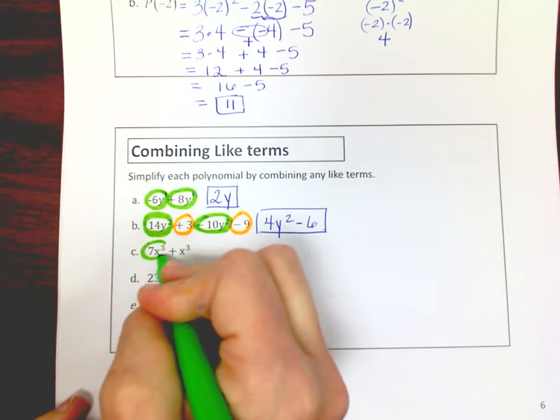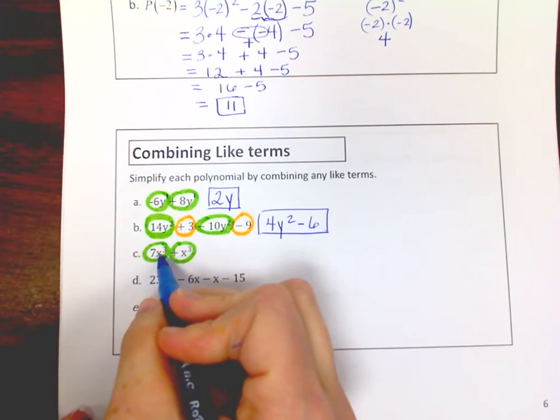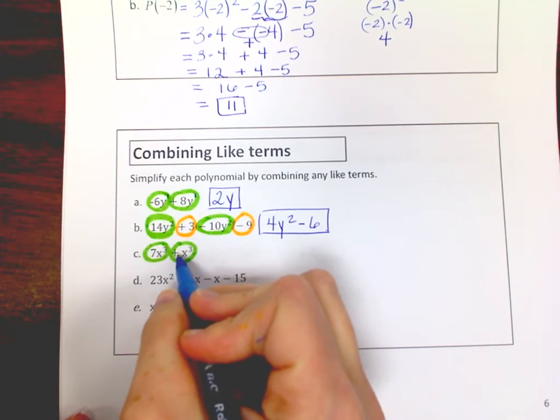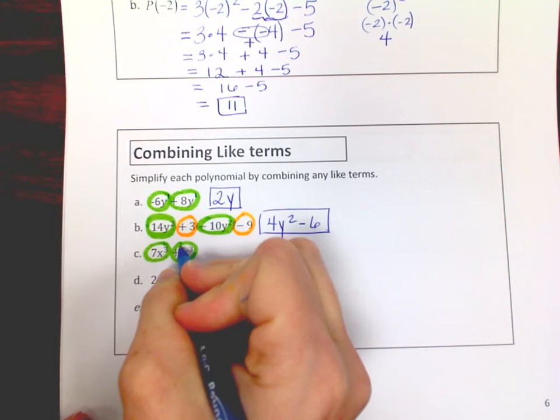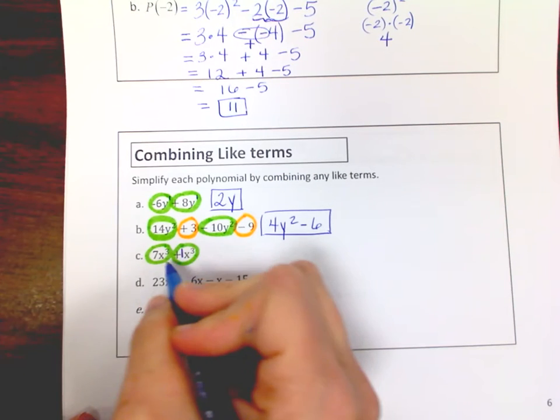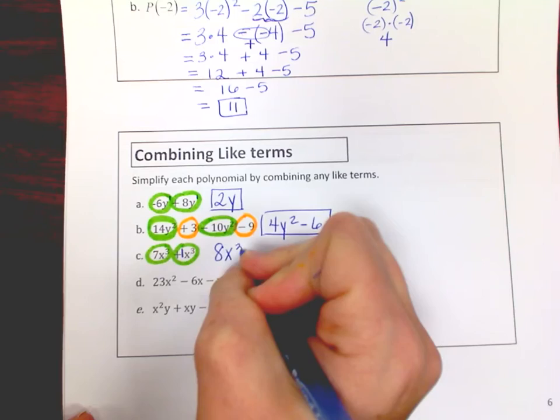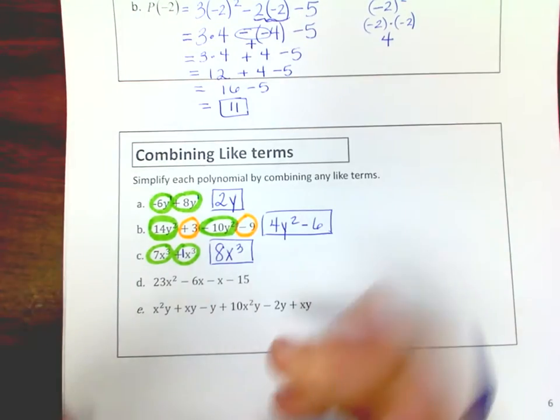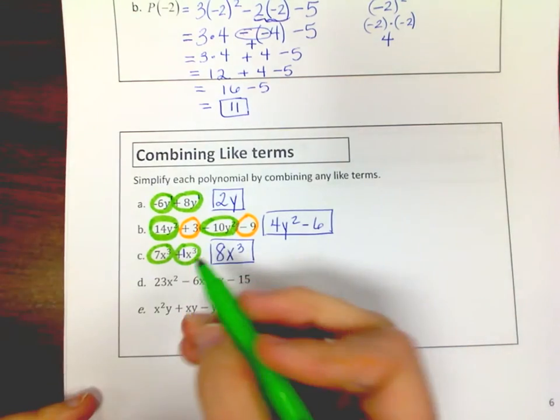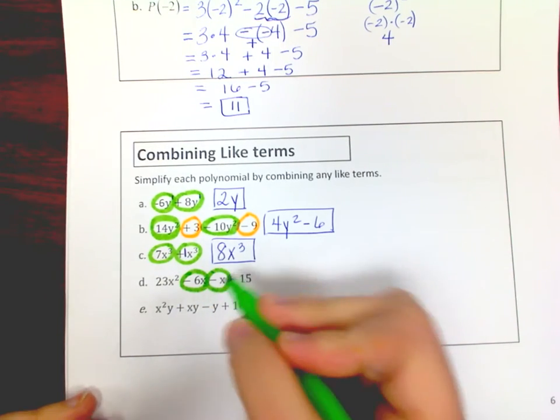Okay, these are like terms because 7x cubed, x to the third power, or what we call x cubed, can be joined with x cubed. Now you might want to put in a 1 there to remind yourself that the coefficient of that x cubed is a 1. So you have 7x cubed plus 1x cubed, which makes 8x cubed.